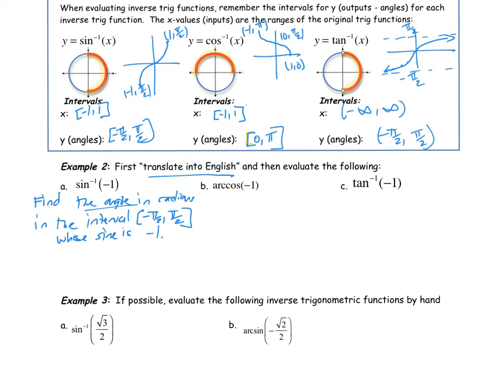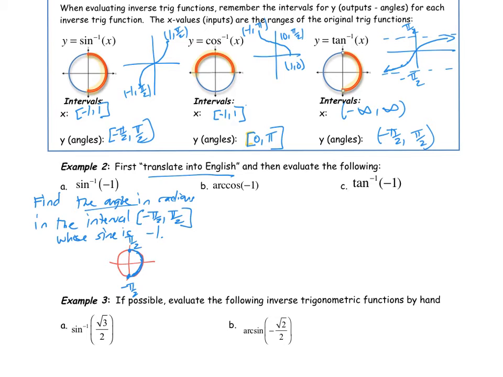And so when I'm doing these problems, I would make a little unit circle and then remember that for sine inverse, the outputs are going to be on the right half of the unit circle between -π/2 and π/2.